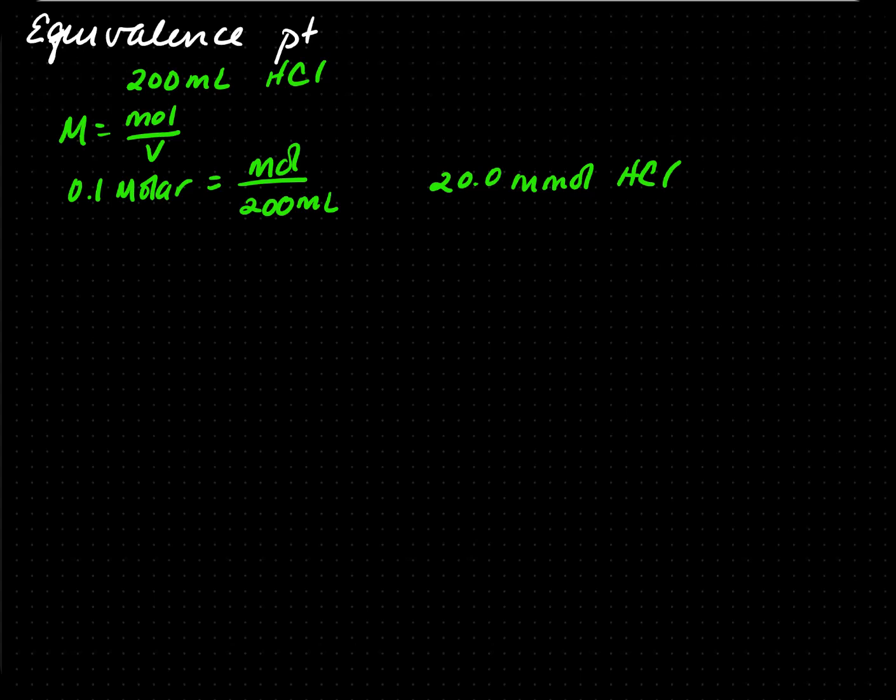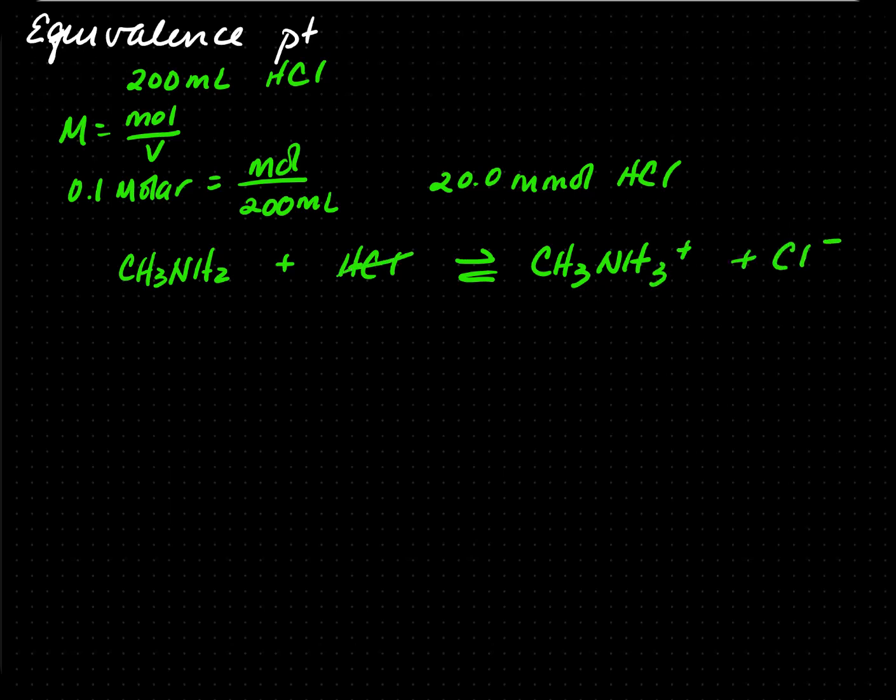The base we started with is still the same. Since a strong acid was added to a weak base, we need to do stoichiometry to figure out how much of the weak base or the strong acid has been neutralized. So we start with the weak base that was given, react this with hydrochloric acid as we did previously, and again write this as a Bronsted-Lowry acid-base reaction. It's a lot easier. The HCl will give, the weak base will take, and again HCl dissociates into H plus and Cl minus, so the Cl minuses cancel out. So we're going to do our before, change, after table.